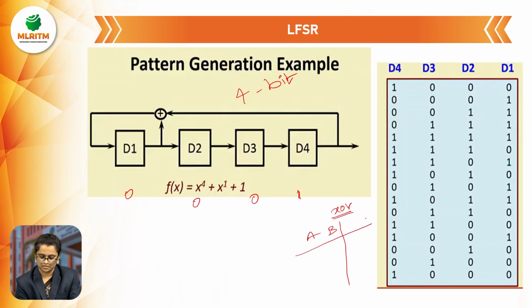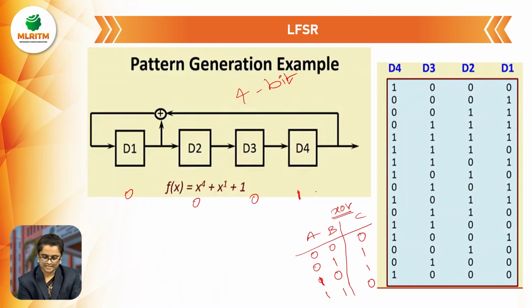A and B are the inputs and C is the output. Combinations are 00, 01, 10, 11. For 00 we get 0, for 11 we get 0, and for 01 and 10 we get 1. By using this XOR gate operation, we can get the output of the LFSR.